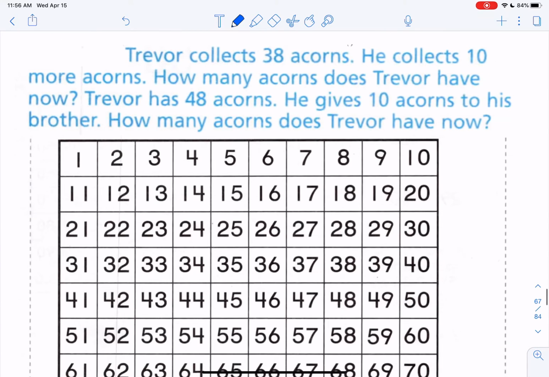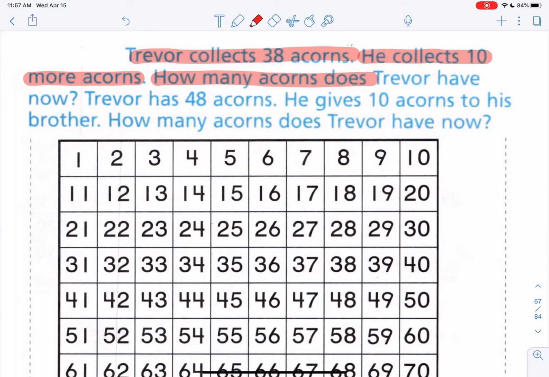Okay, here's the problem. It says Trevor collects 38 acorns. Acorns are little seeds, I guess, that fall from trees. So Trevor collects 38 acorns. Then he collects 10 more acorns.